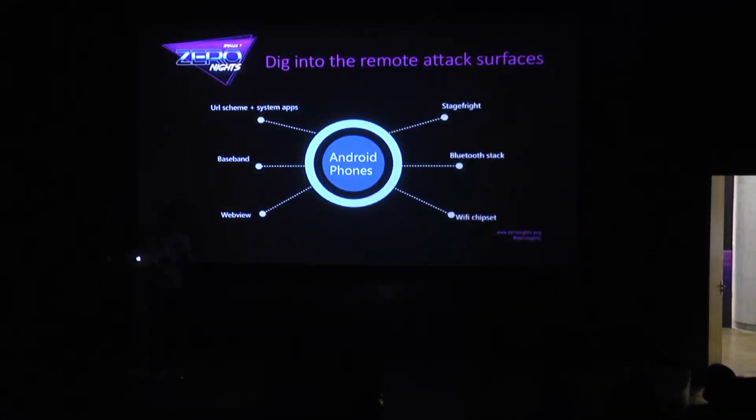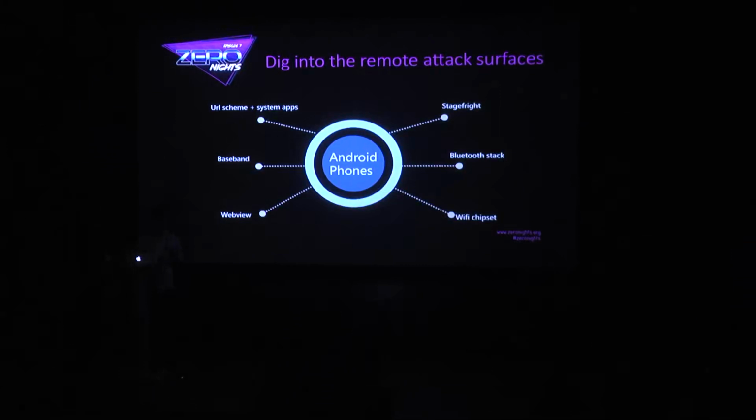Next, I will talk about remote attack services of Android phones, Android apps, and IoT devices. First, the remote attack services of Android phones. We briefly list the six attack services we researched before: URL scheme and system apps.